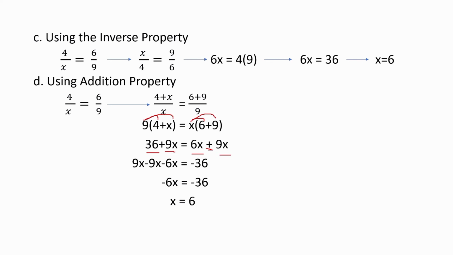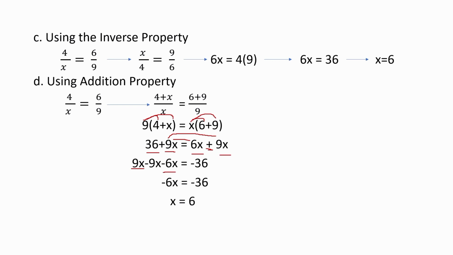Then, combine similar terms. So, copy 9x, then transfer 9x to the other side. Since this is positive, that will become negative 9x. Then this also positive 6x, again, transfer to the other side. So, that's why it becomes negative 6x is equal to negative 36.